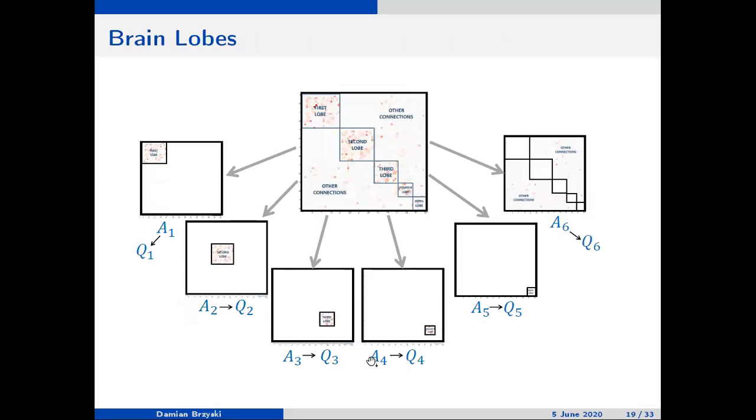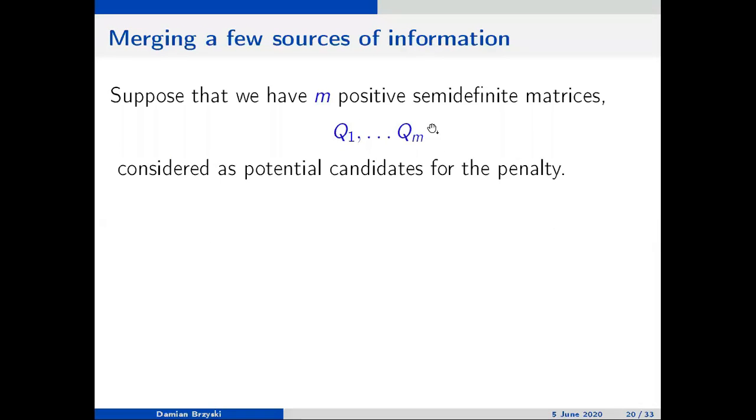Okay, you don't have any assumption that those matrices are, for example, just the blocks of the larger matrix. You can think about them as any positive semi-definite matrices. So in particular, you can think about them as different Laplacians for different connectivity measures.